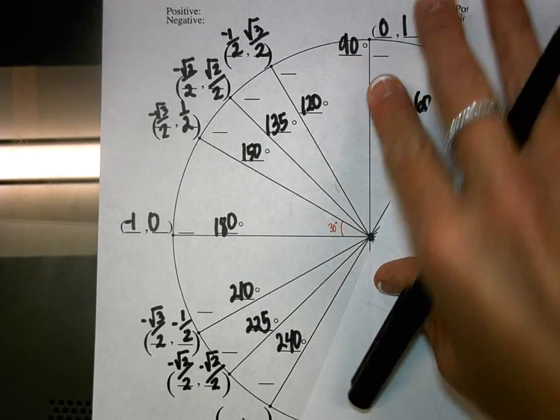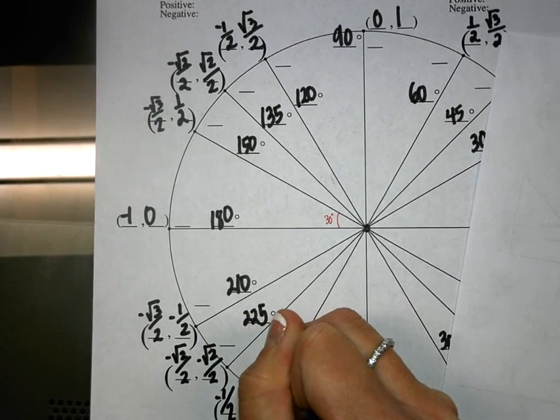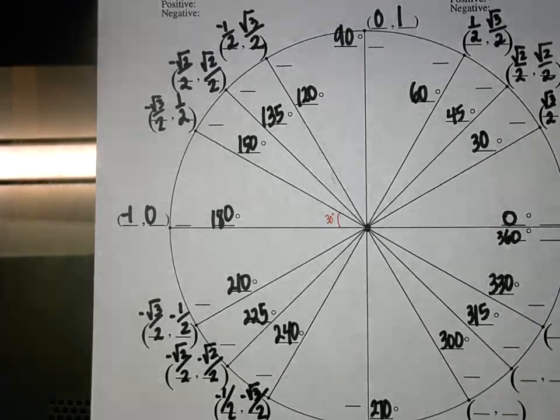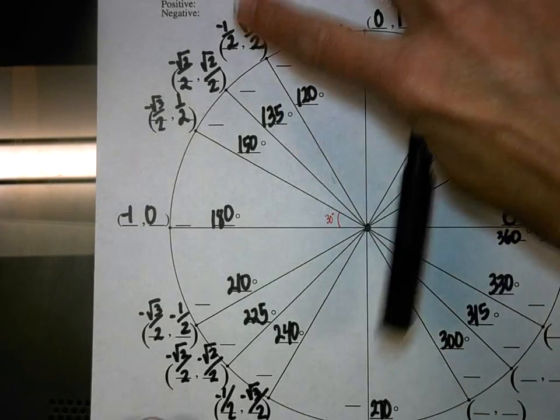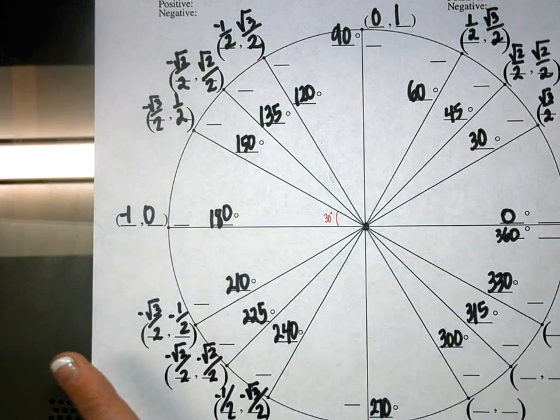Very good. Negative 1/2 and negative root 3 over 2. Yes, because one is your x and one is your y. So these are the same points, they're in the same order. The only thing that's changing is the negative or the positive.